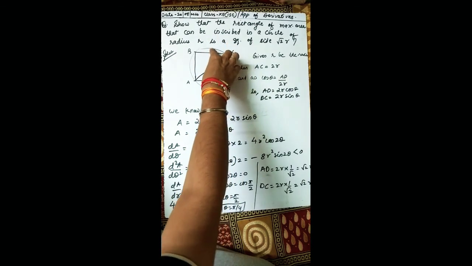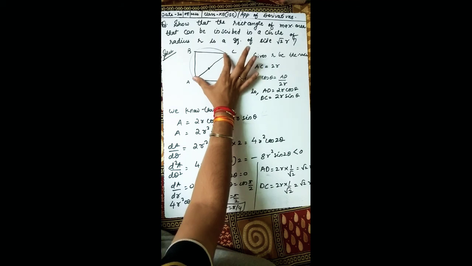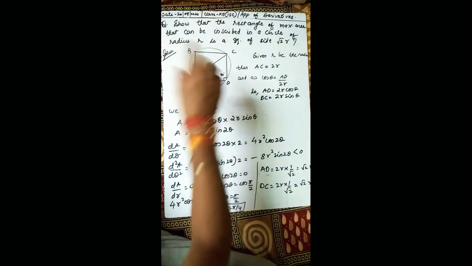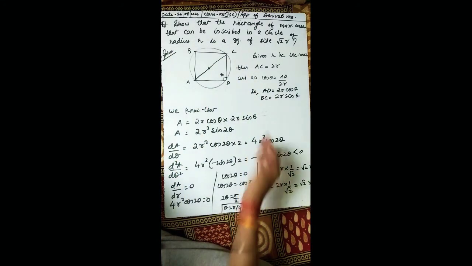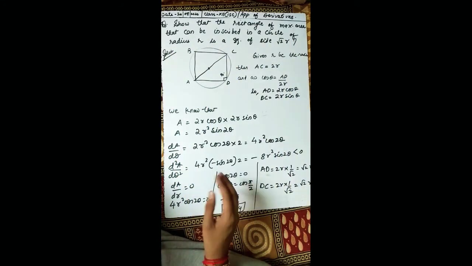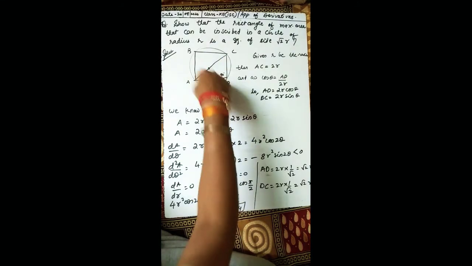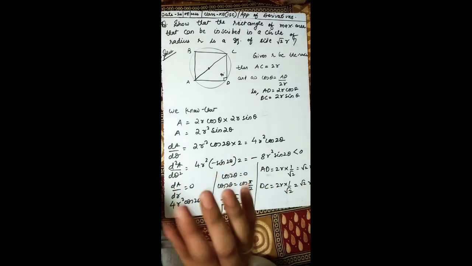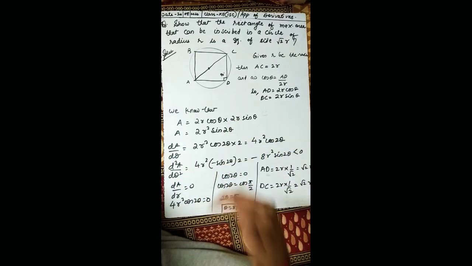So in this circle you are inscribing a rectangle of maximum area, then this rectangle becomes the square of side root 2 r. If you inscribe a rectangle of maximum area, then it becomes the square. We need to prove this thing.